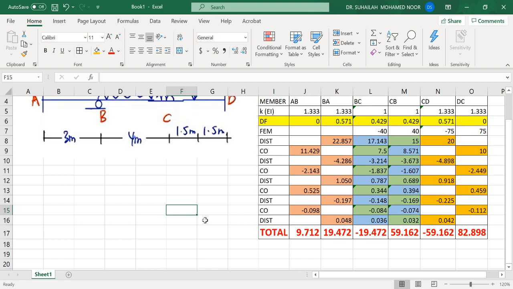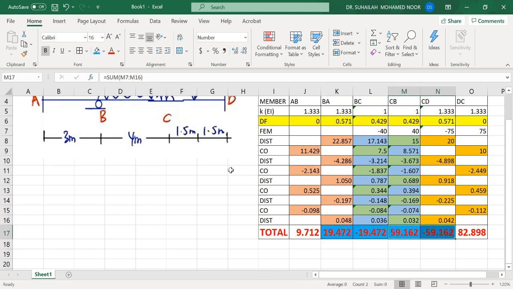Anyway, with Excel we can always compare the result. So please check back. The moment at B should equal 0, and the moment at C is also equal to 0.